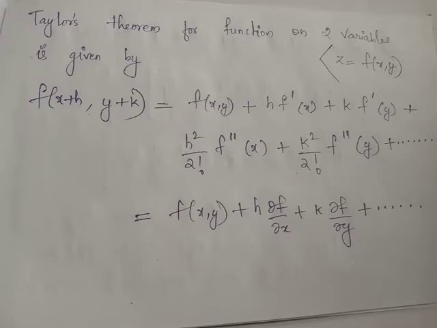By Taylor's theorem for functions of two variables, we have f of x plus h comma y plus k given by f of xy plus h times f dash of x plus k times f dash of y plus h square by 2 factorial times f double dash of x plus k square by 2 factorial times f double dash of y plus etc. Here, if h and k are very small quantities, we can neglect the terms involving h square and k square.